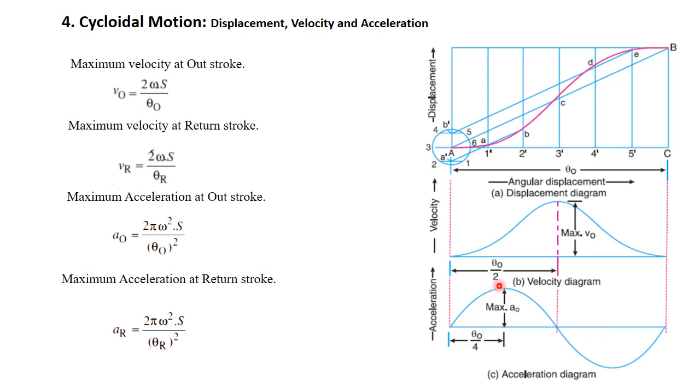It gradually increases and reaches the top at the mid of the position, then comes to 0, then gradually decreases, that is retardation starts. So negative acceleration gradually increases and reaches the top in the mid of the width of half of the outward stroke.